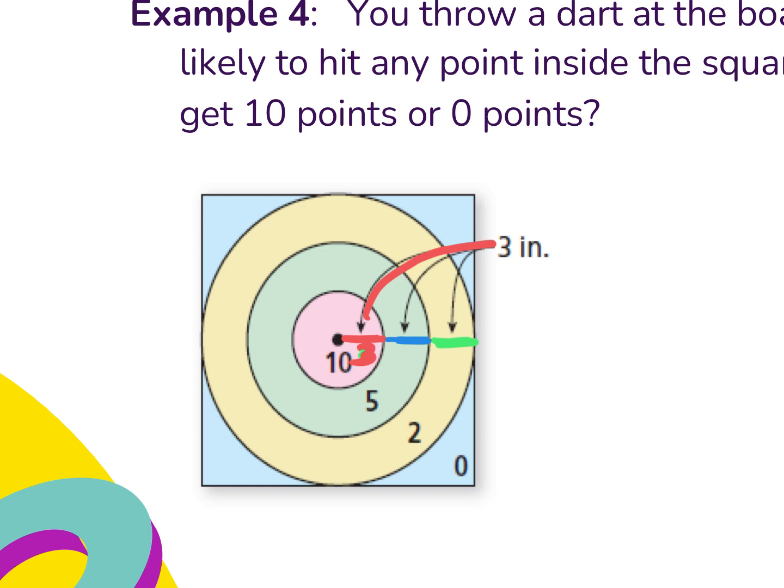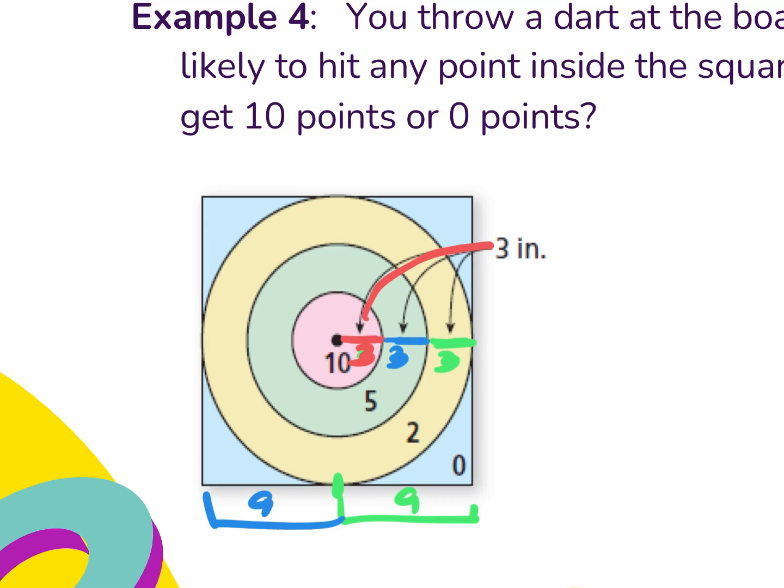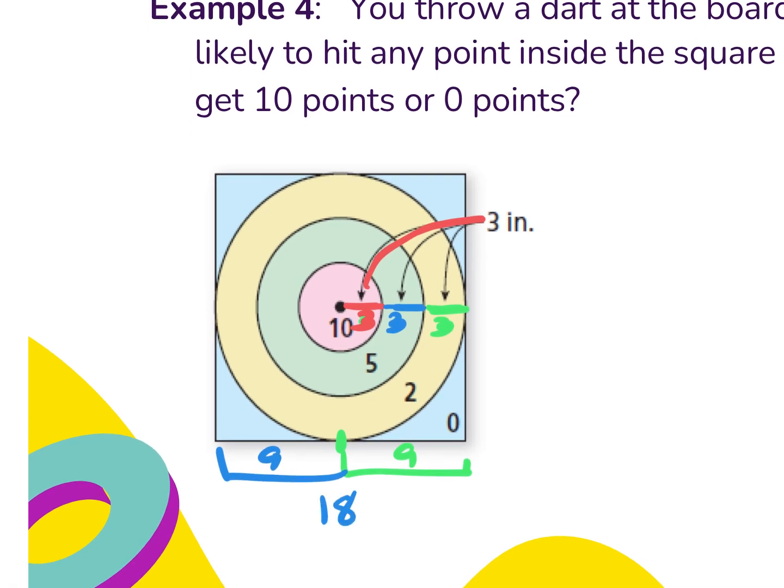So a 3 here, a 3 here, and a 3 here. The radius of the big circle is going to be 9. So if from here to here is 9, then I also know from here to here is 9. So this tells me the length of the side of my square is going to be 18. So the square, the whole dartboard, is going to be 18 times 18.